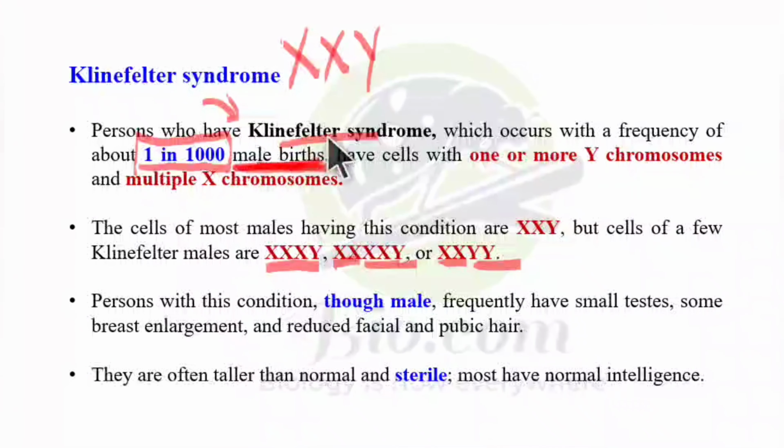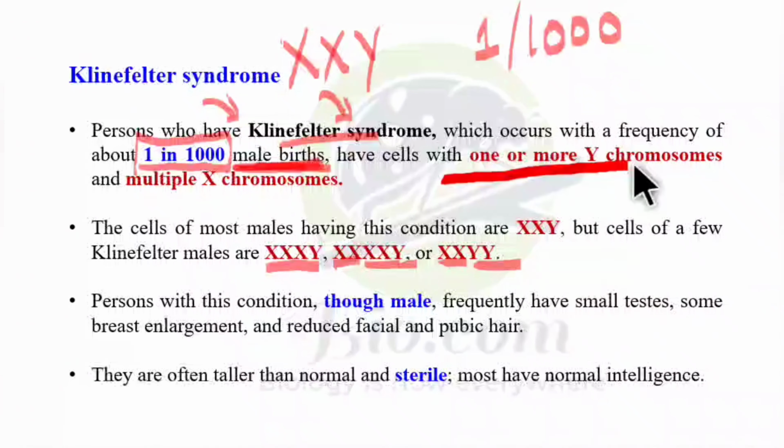You have to focus on the key points. So the frequency is only 1 upon 1000 male births, and the person suffering from this Klinefelter syndrome has one or more Y chromosomes and multiple X chromosomes. It means they have one or more Y chromosome and they have multiple X chromosomes.